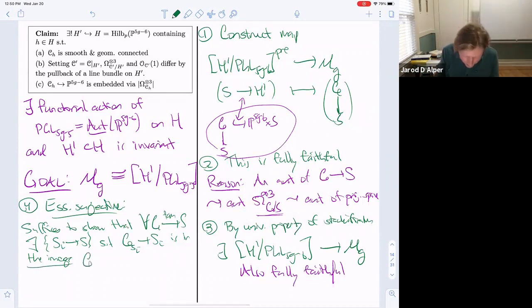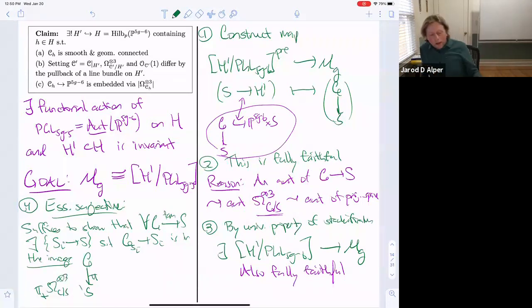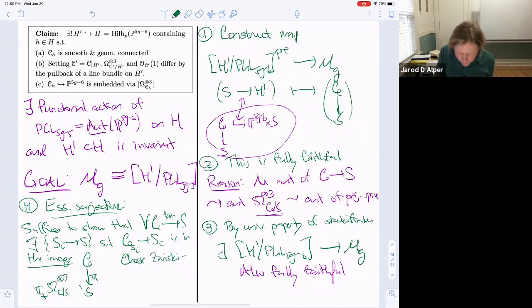All you do is you have this map C to S, and you consider the push forward of the third power of the canonical. You always have an embedding into that relative projective space, but you choose a Zariski cover where this vector bundle is trivial.